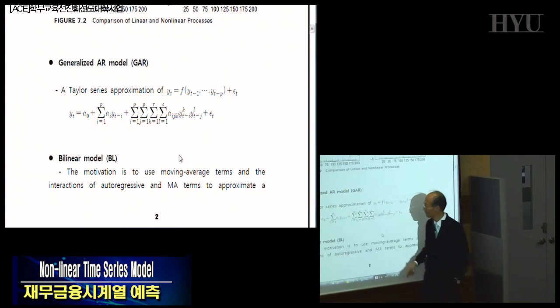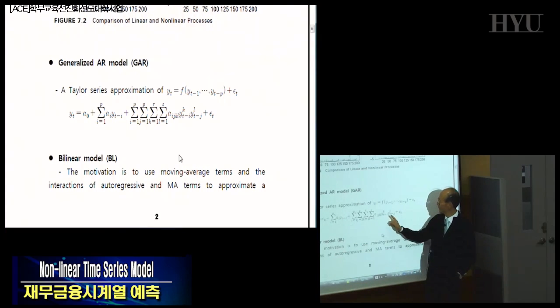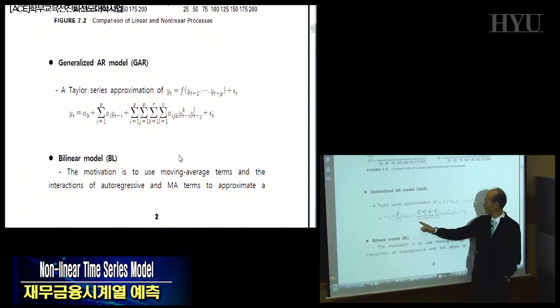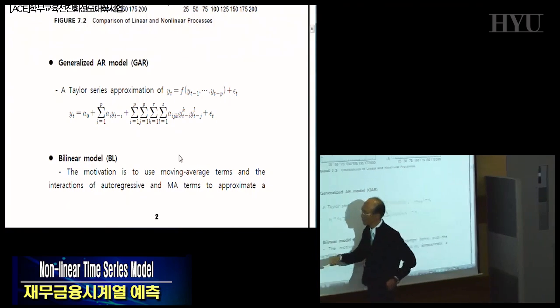Okay. So here is the autoregressive part, and there are cross products. By introducing more of these terms, you can actually approximate this function. So think of it this way.